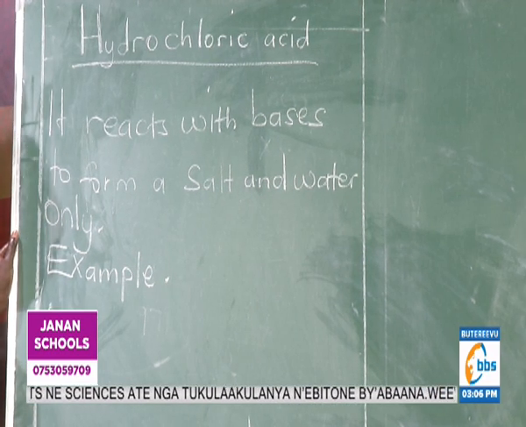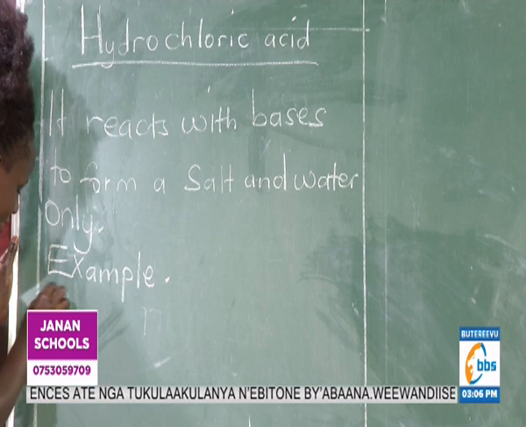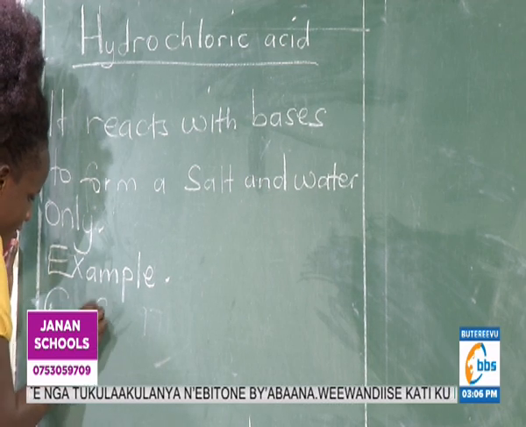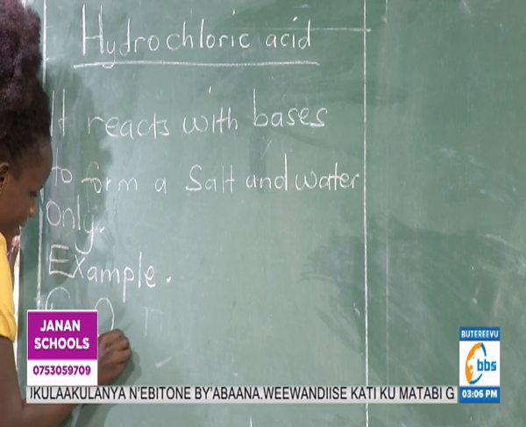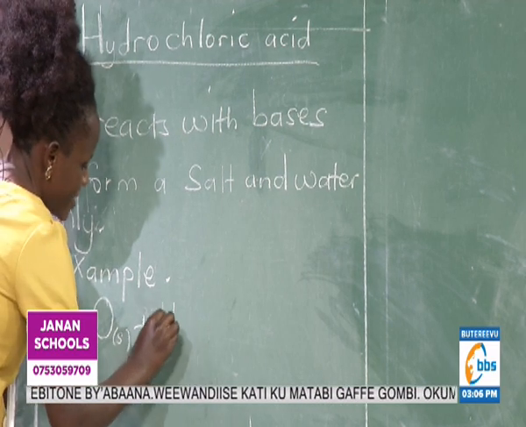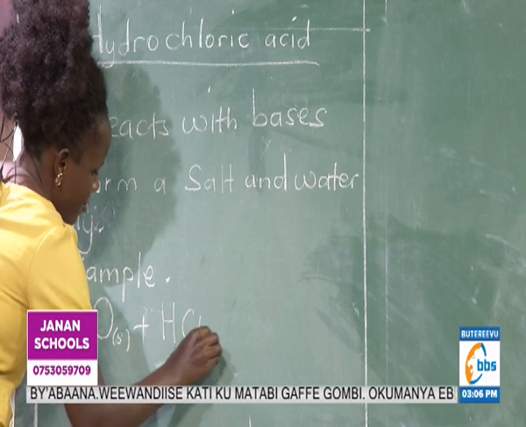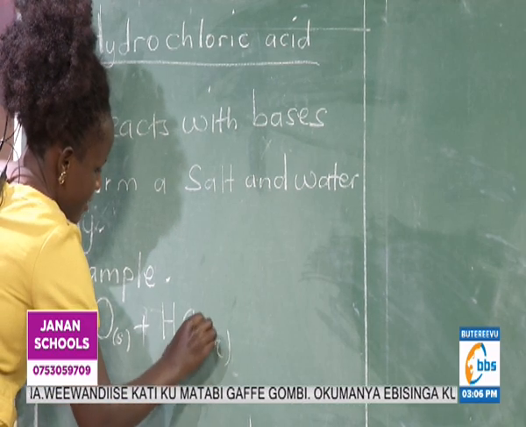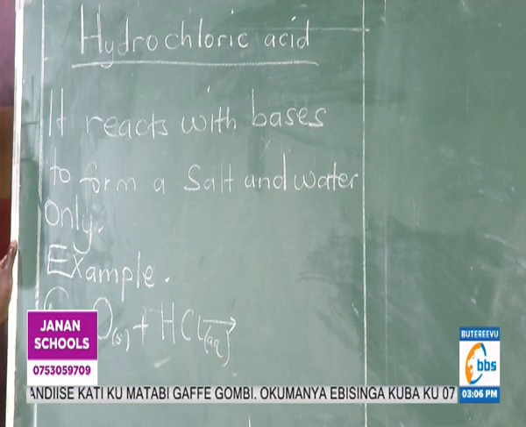if I had copper 2 oxide being reacted with dilute hydrochloric acid. And what am I supposed to form?